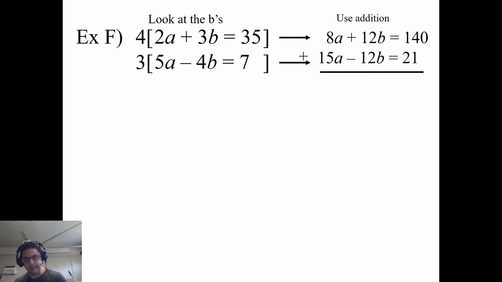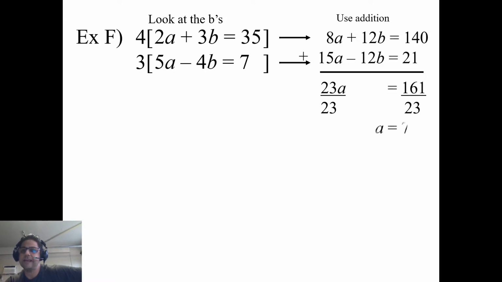All right, B's eliminate. 23a equals 161. So that means a is 7. Pick an equation. Hopefully you notice that the first equation, everything is positive, but you could use the second equation if you wanted to.